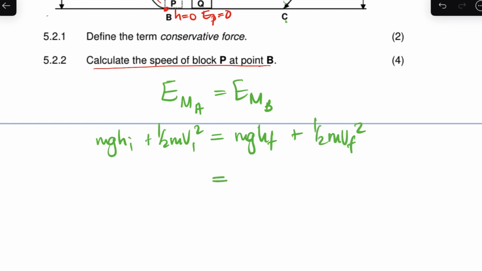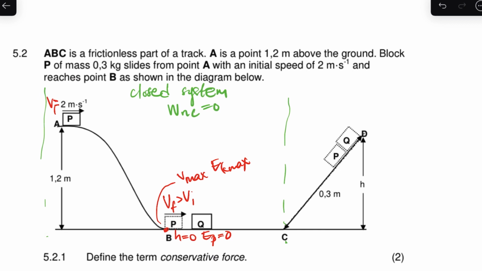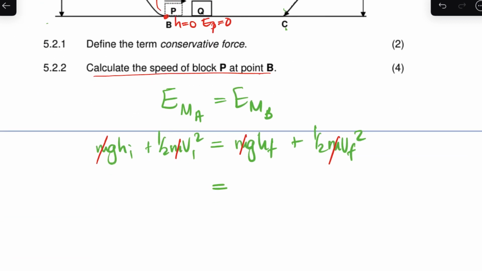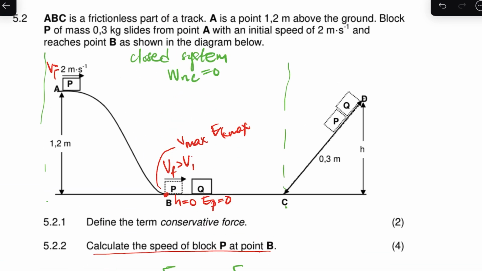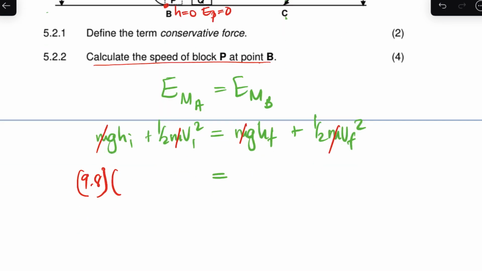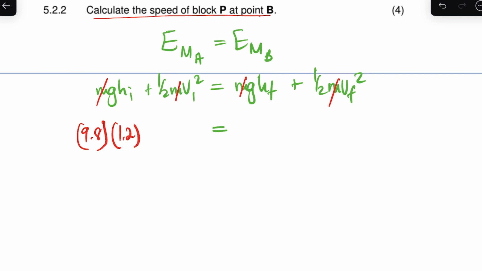So now we substitute. We can cancel the masses. Have we been given the mass? Yes, we're given the mass. So it's 9.8 times the height there at point A, which is 1.2, right?